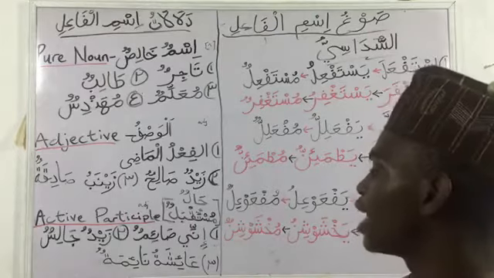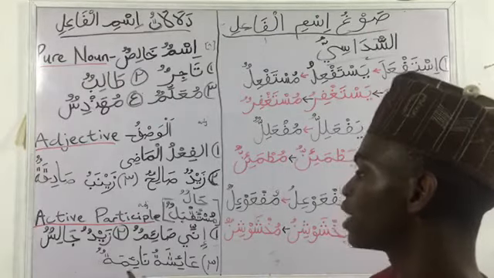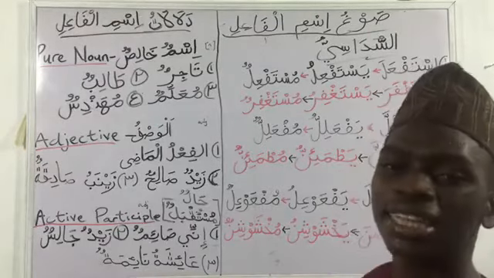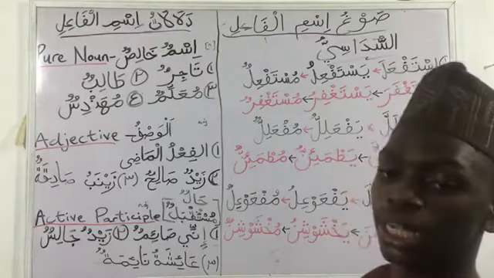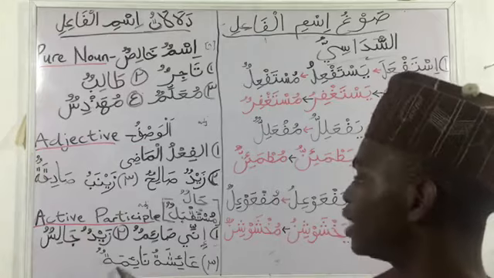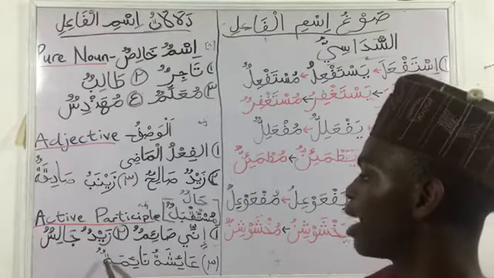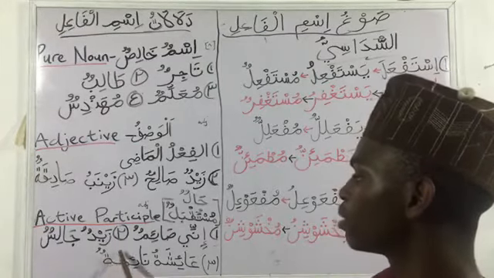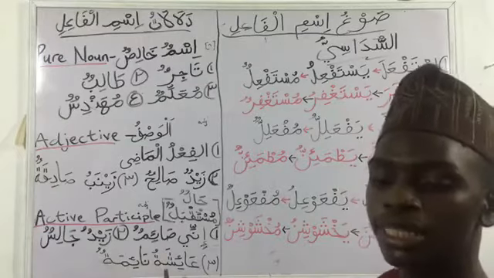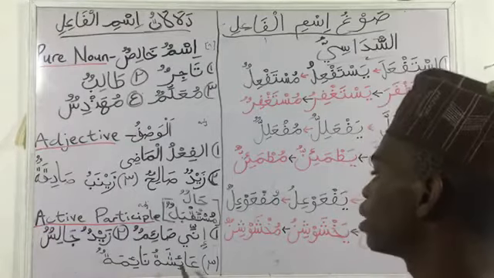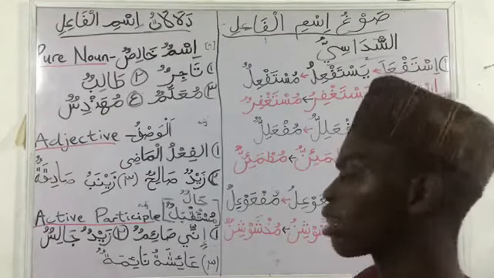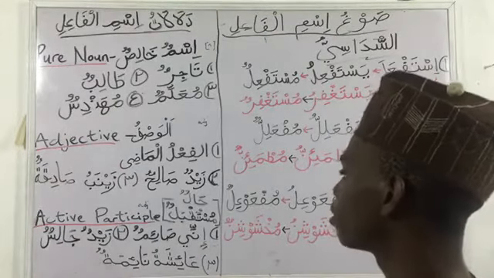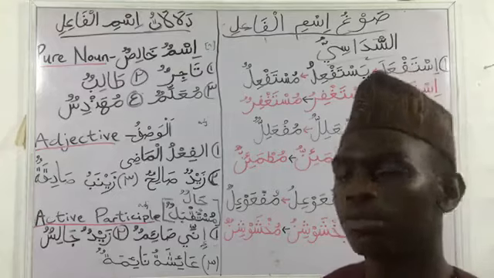So we can see that Ismul Faa'il, a lot of times in sentences, can also act the same way that Fi'l Mudari acts. So Aishatu na'imatun. We have ta marbuta at the end of this Ismul Faa'il because we are describing a feminine noun. So we can also say what? Aishatun tanamu.